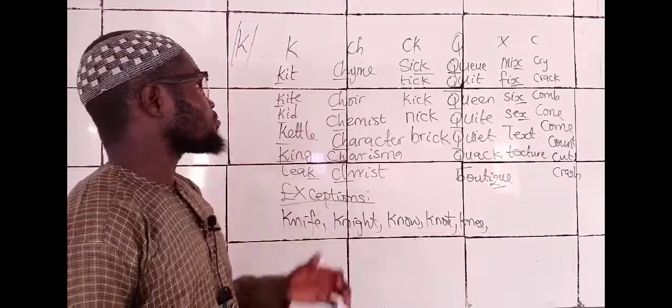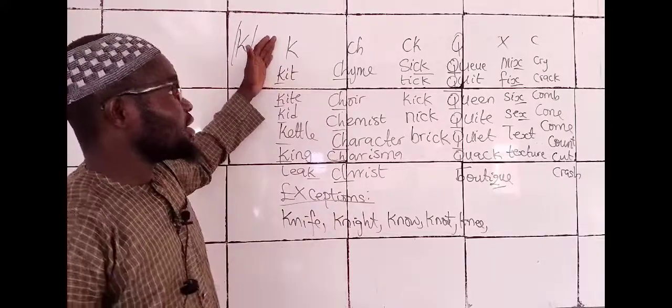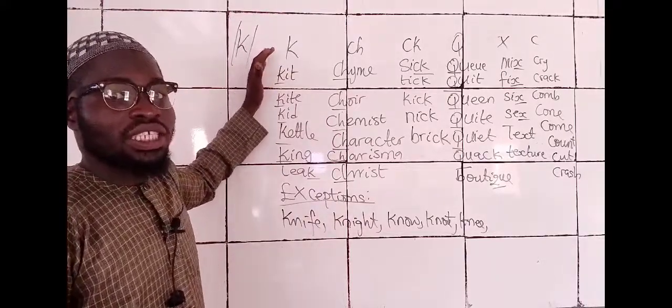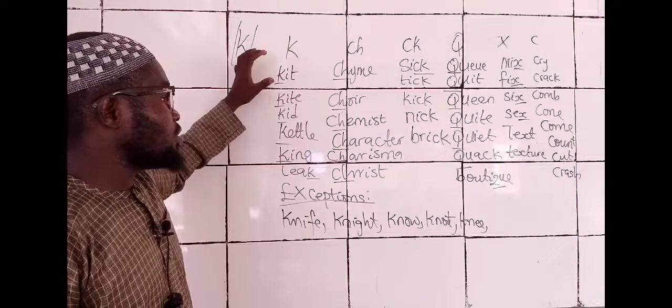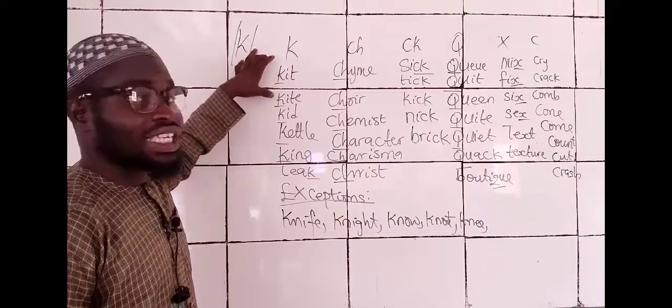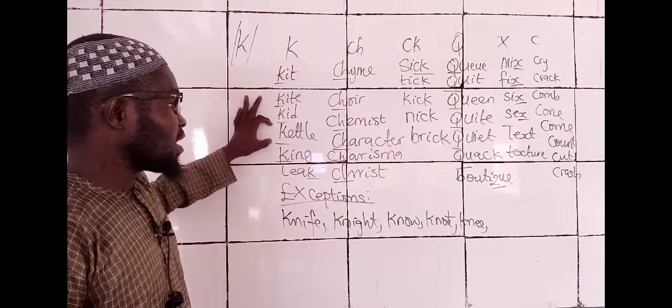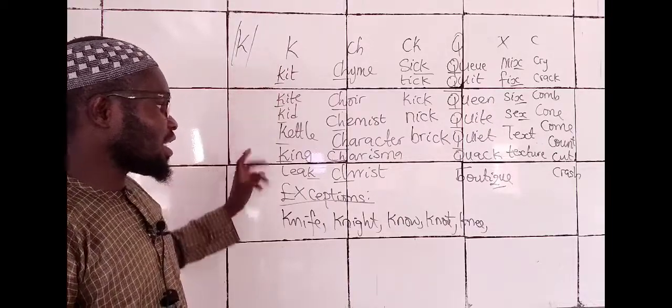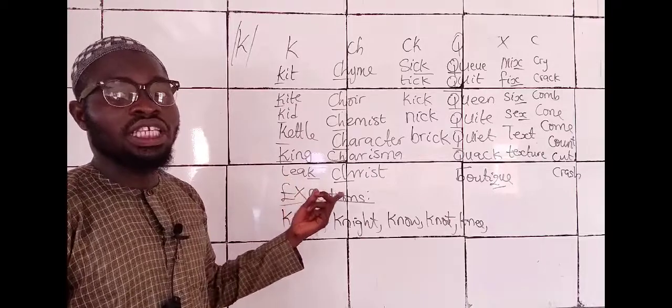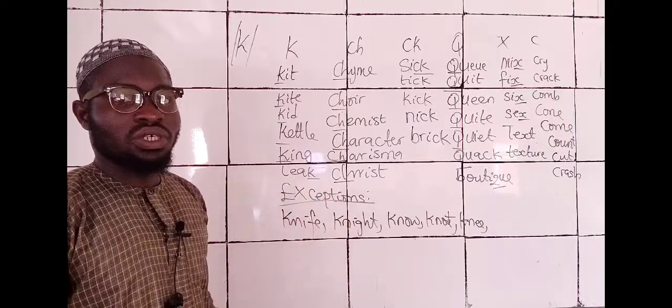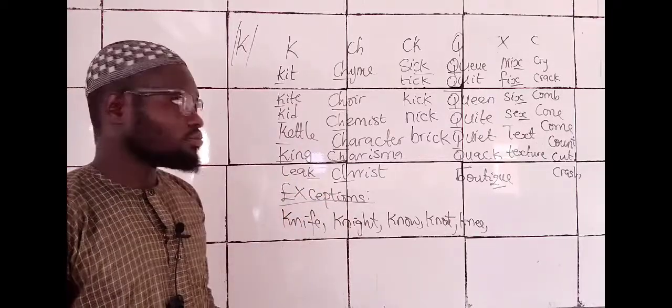So for letter K, it is pronounced as k in initial position such as kit. We have kite, kid, kettle, king, and at word end position we have leak. We have other words at word end position such as meek.